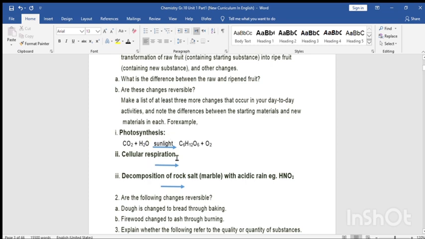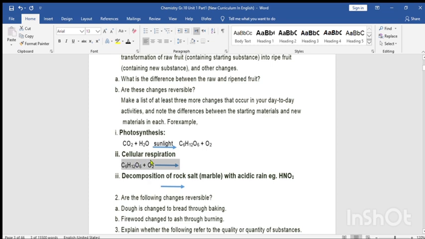Cellular respiration. For example, our body cells oxidize glucose into energy and some carbon dioxide and water vapor. What happens in our body cells? The reverse change of photosynthesis takes place in cellular respiration, which means glucose is oxidized with the help of oxygen to get energy for our body.